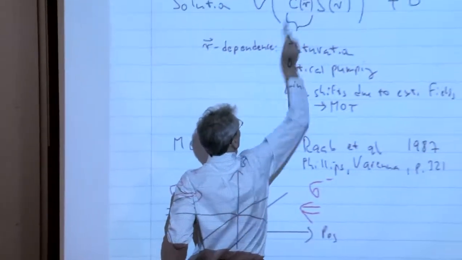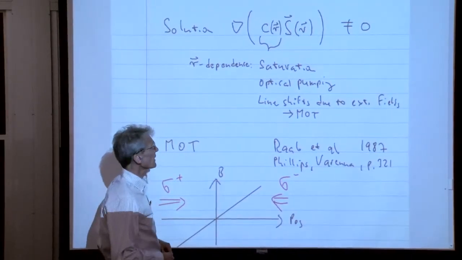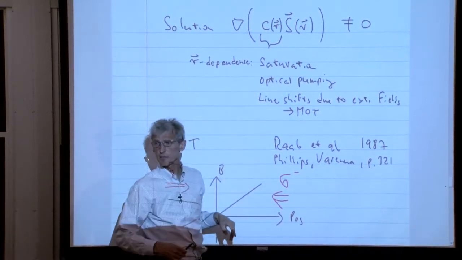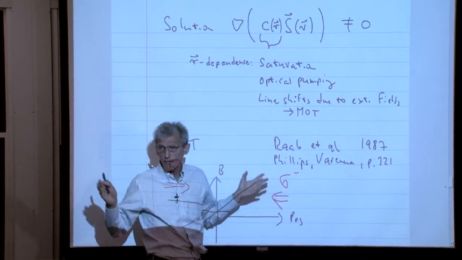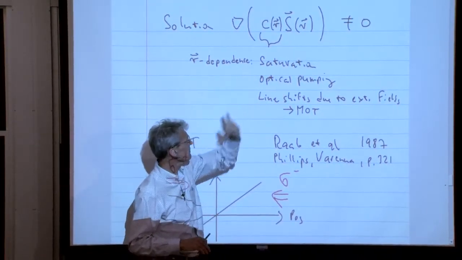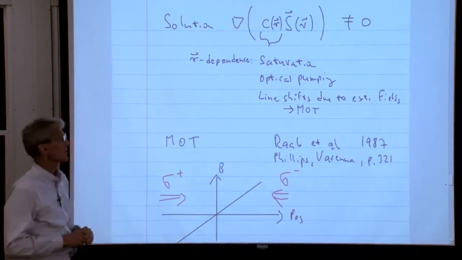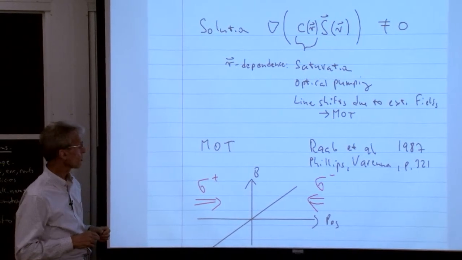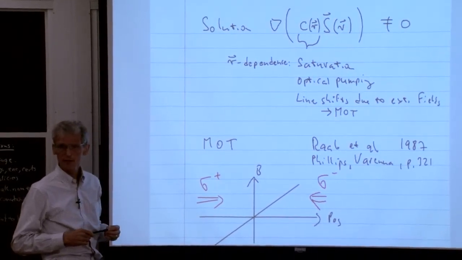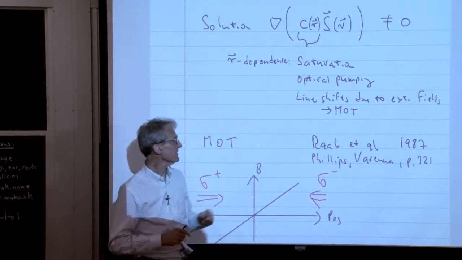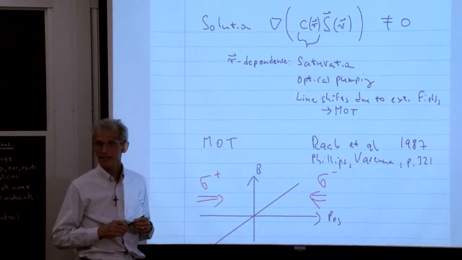We can have a spatially dependent factor, and what can be spatially dependent is saturation. If you focus a laser beam, you have a spatially varying saturation parameter. There can be some optical pumping. So he discussed several possibilities for how the optical Earnshaw theorem could be circumvented. At this point in 1986, he didn't realize that it can be done with a magnetic field gradient.